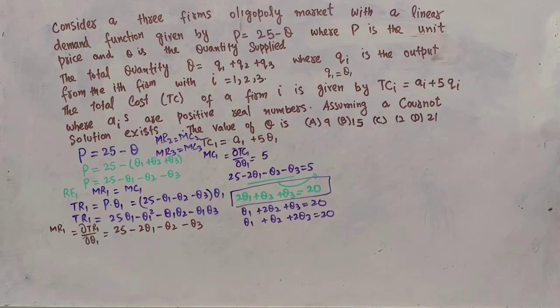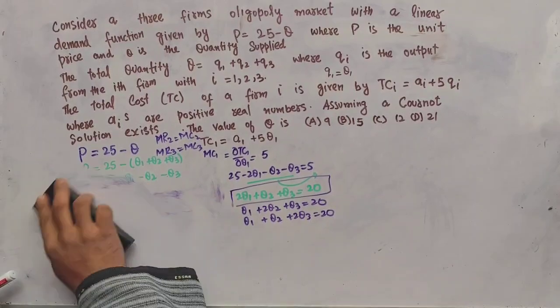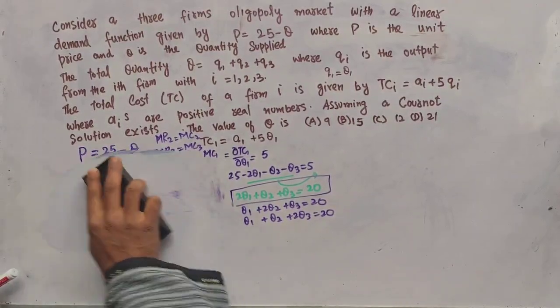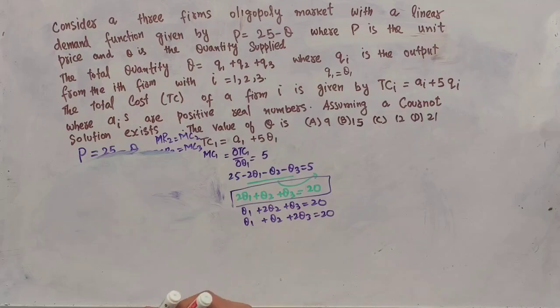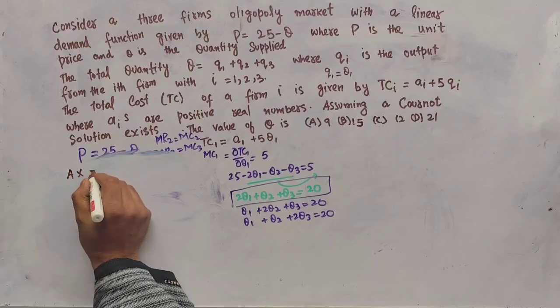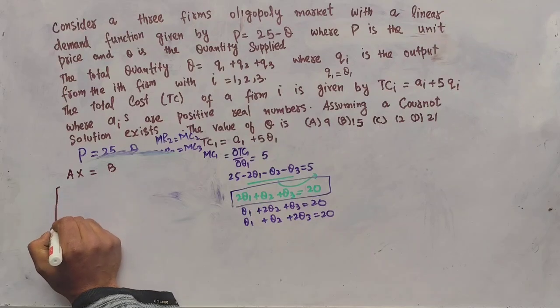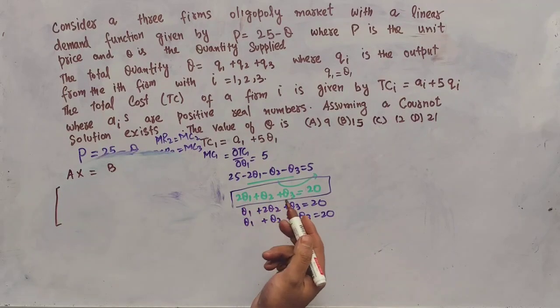We need to write them into the matrix form. In matrix form, AX is equal to B, where A is the coefficient matrix. So A will be equal to the coefficients of Q1, Q2 and Q3.